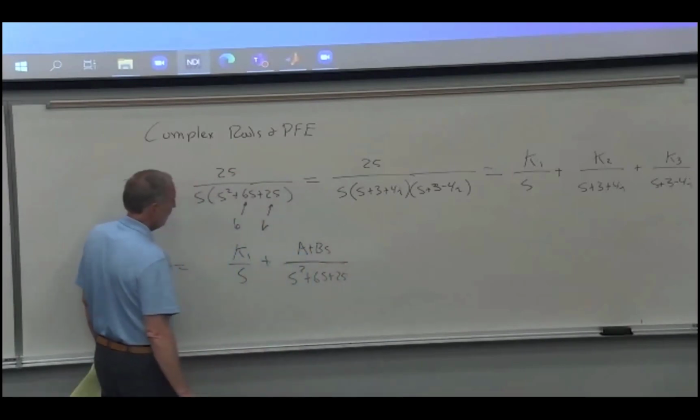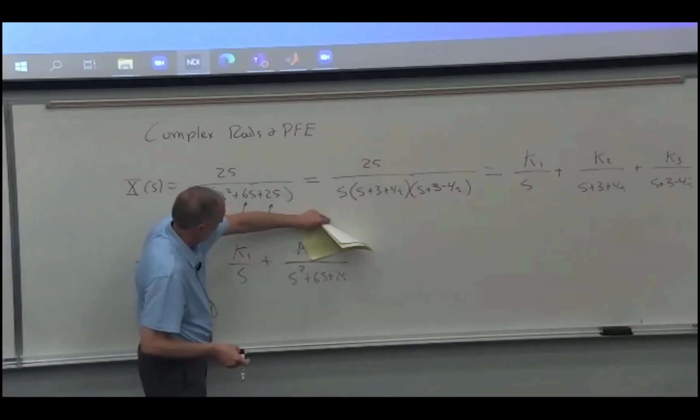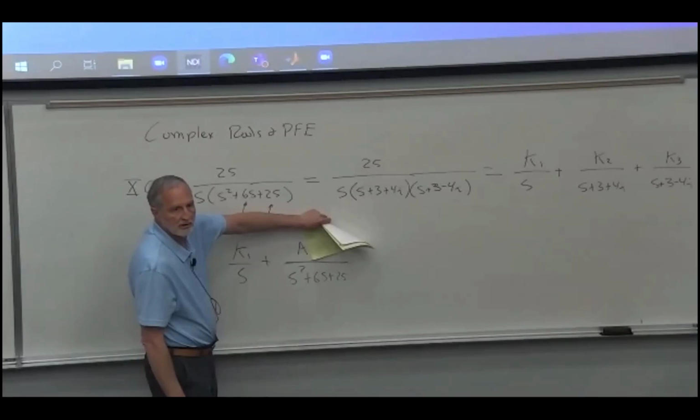And the rule here is that the numerator that you put over a polynomial always has to be one less order than the denominator. So if we have that S squared down there, we got to have an S in the top. Otherwise it doesn't work. And I'll show you why in a minute. If we say, oh, let's just stick A up here, I'll show you why it doesn't work.